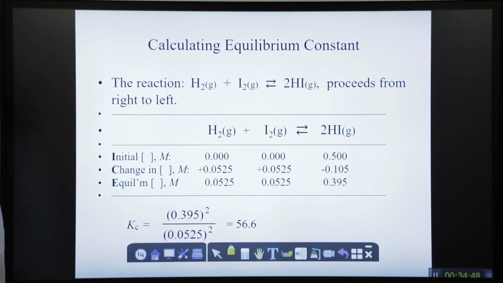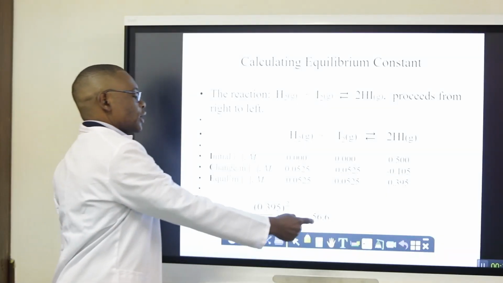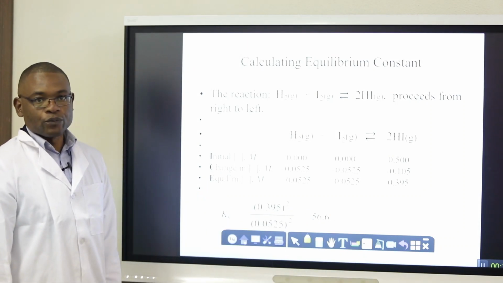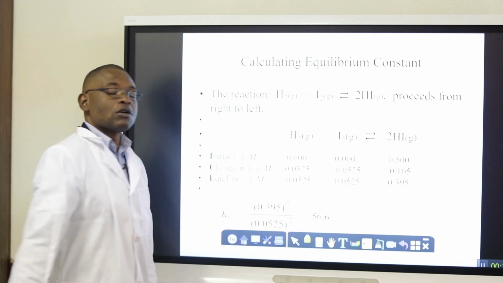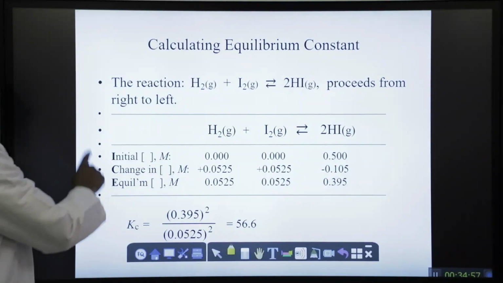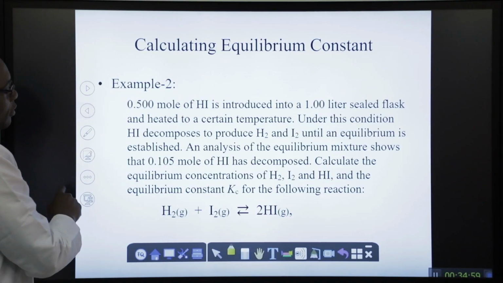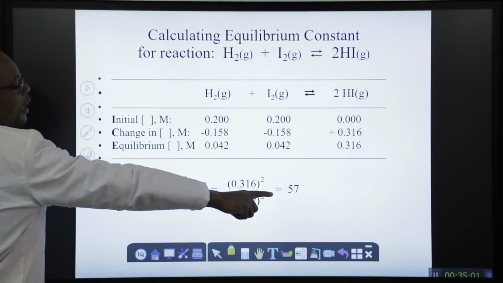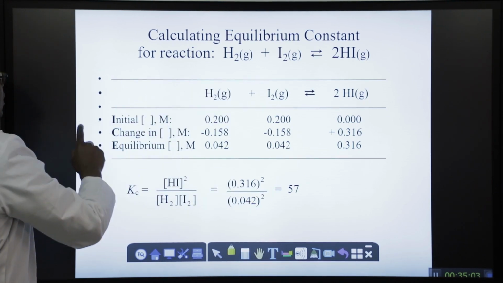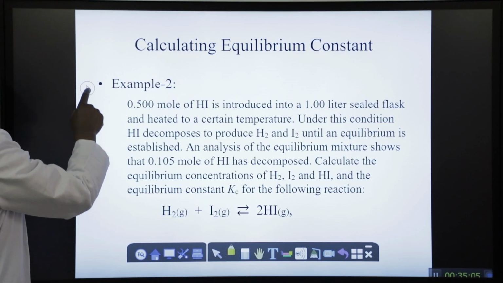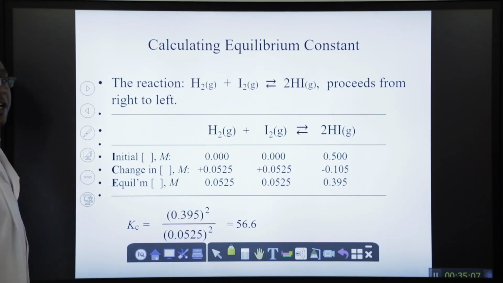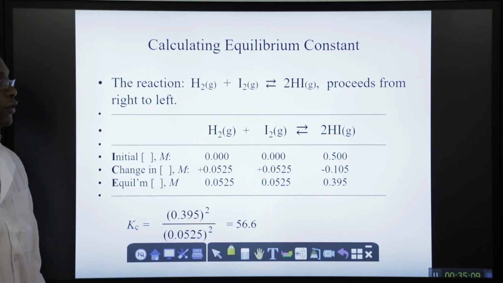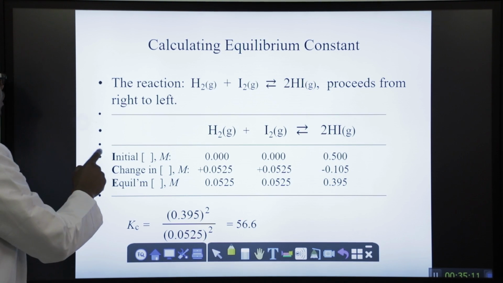You see that it gives you 56.6. If you round it off, you will see that this is equal to 57, more or less the same as what we calculated here. The forward reaction is equal to the reverse reaction, or is 57 and so on.